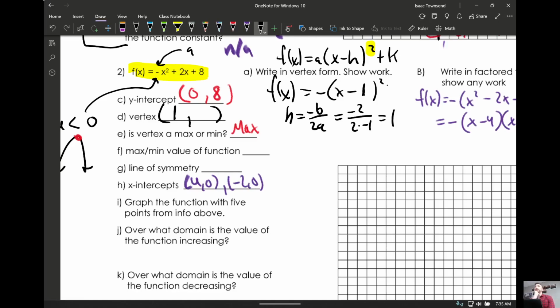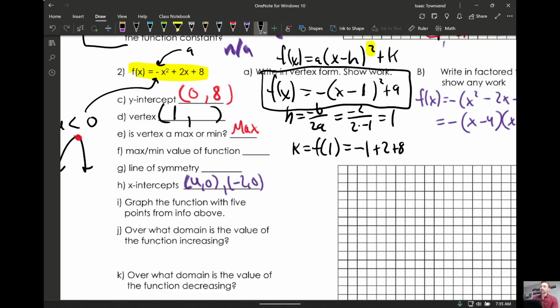You subtract whatever the h value is, and then k, the y value of the vertex, you find by plugging in the x value of the vertex into the function and solving. Looks like that would be 10 minus 1, which would be 9. The opposite of this and not the opposite of this gives you your vertex.